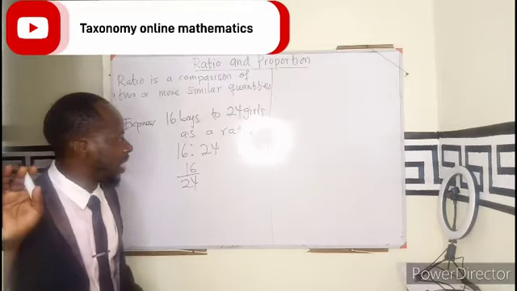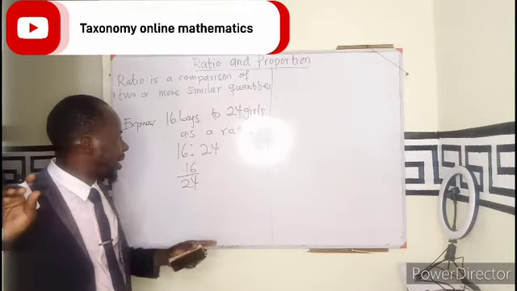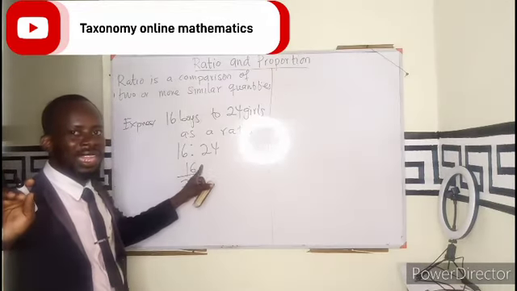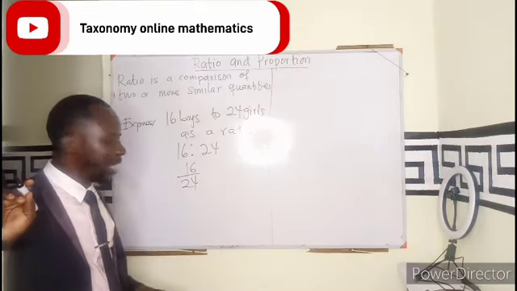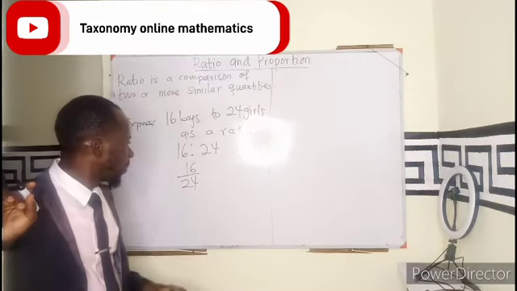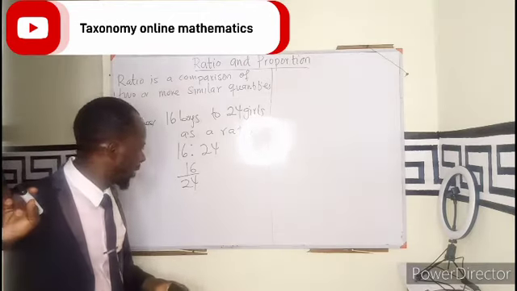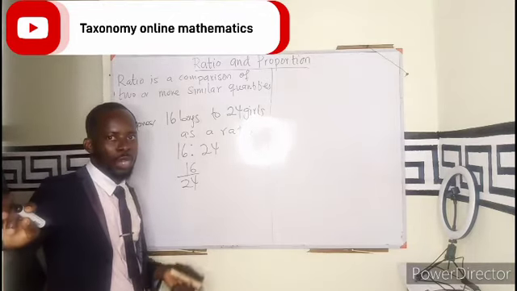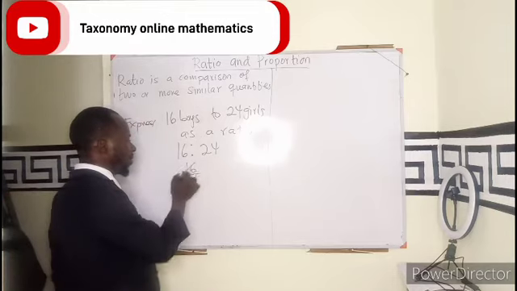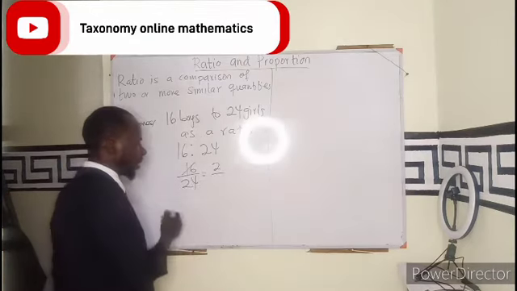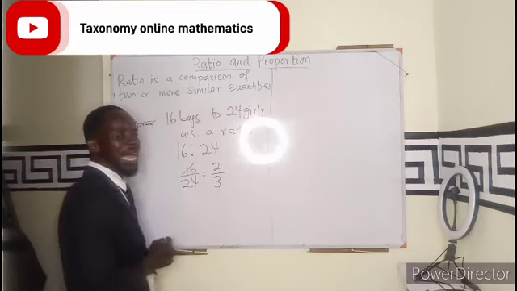And what I was saying about simplification is that we can see there's a common factor for 16 and 24. I believe 2 can do that, 4 can do that, and 8 can also go into these values. If I use 8, it will go here 2 times, and 8 goes here 3 times.